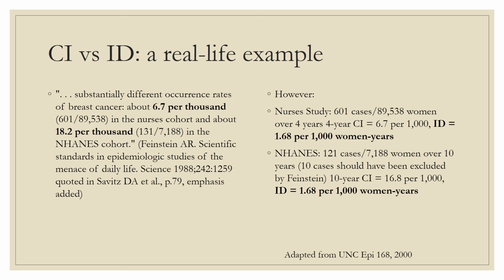What this means is that because of the different amount of follow-up, the cumulative incidences were different, but the incidence densities were not. So there really isn't a difference in these 2 examples. The moral is that it's a little bit dangerous to compare cumulative incidence if the follow-up was different. You need to make sure you think about how long the follow-up was.